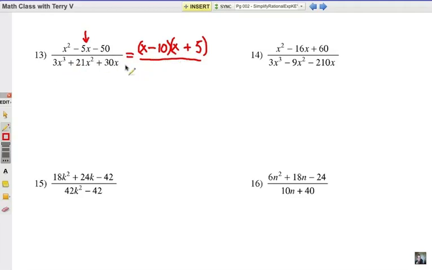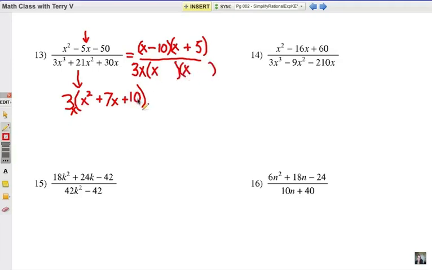All right, now notice here we are going to take a little time out. We're going to factor out a 3 and an x. Notice how an x is in every term here and a 3 factor there. So let's take our time to factor out the 3x from each part, which will leave me x squared plus 7x plus 10. So that should give me a 3x on the outside, and then an x in each part of the binomial here.